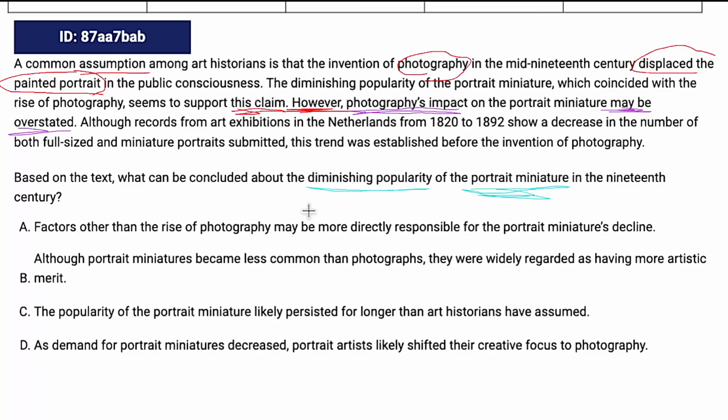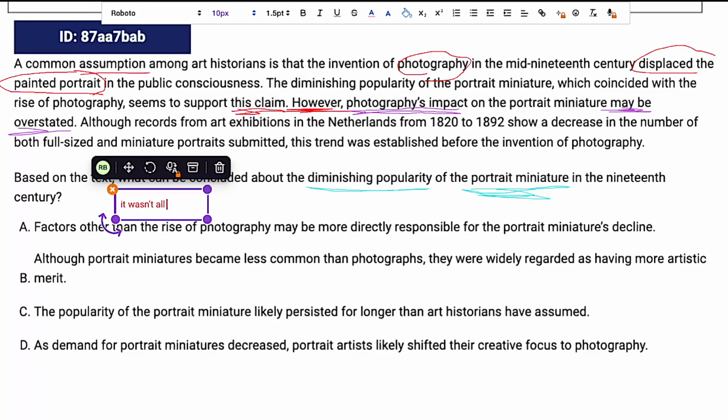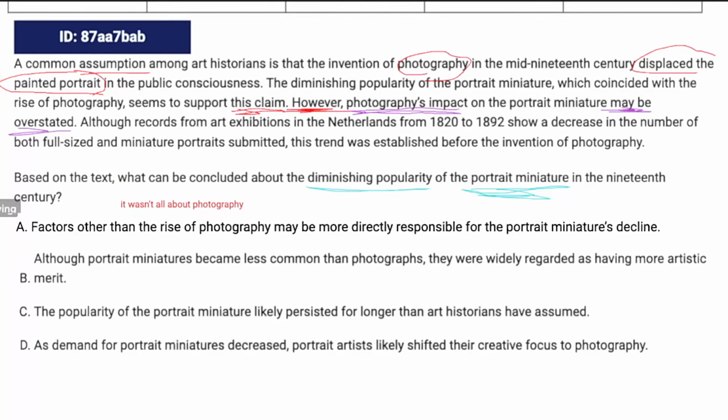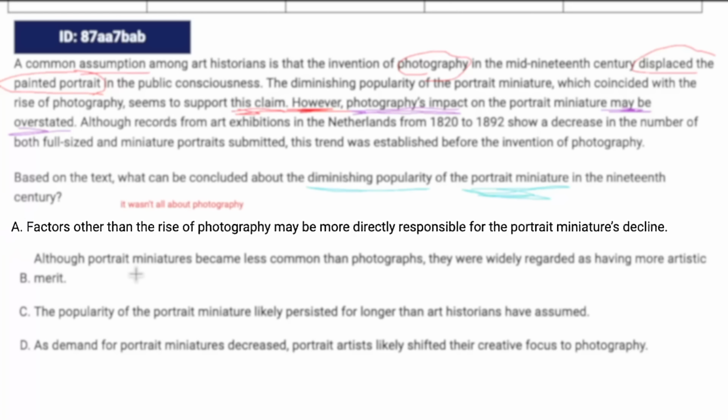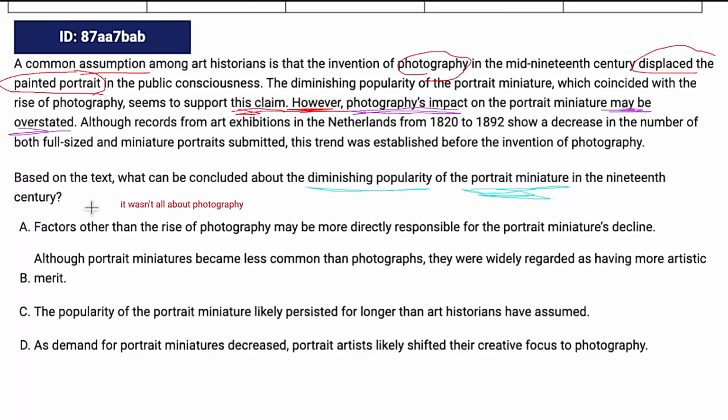When it asks what can be concluded about the diminished popularity, I'm going to say that it wasn't all about photography, something like that. So, choice A, factors other than the rise of photography may be more directly responsible for its decline. Yeah, it wasn't all about photography. I like that. I'm going to keep that.